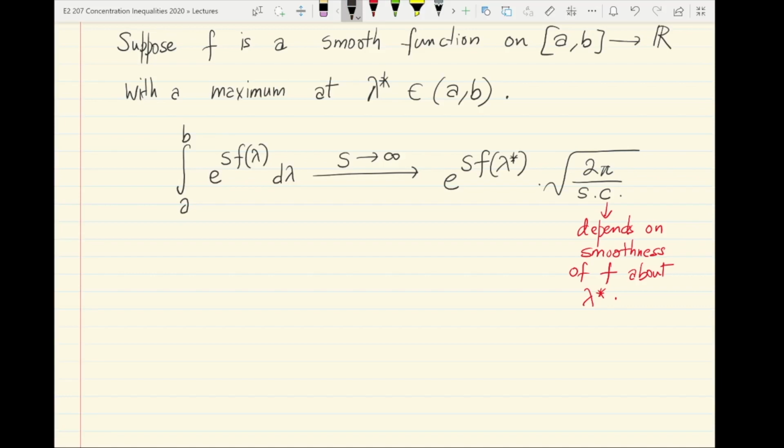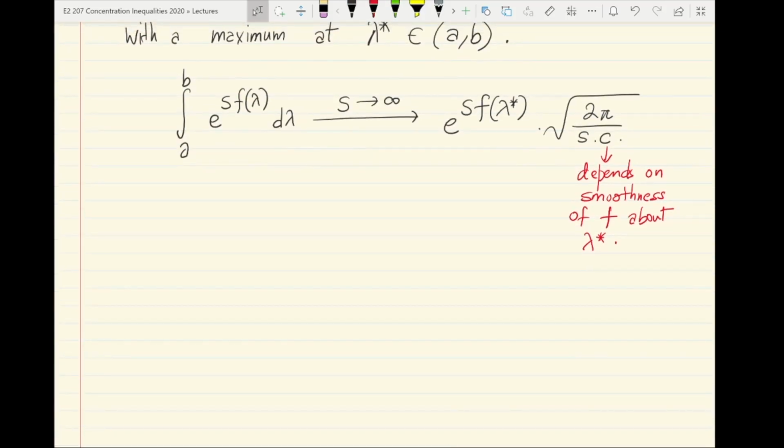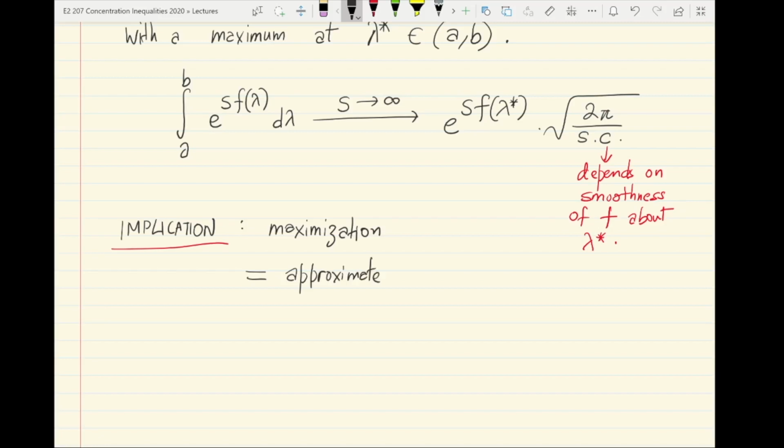Okay, so the key implication here is that maximization is roughly equal to approximate integration. Okay, so the integral is a convenient approximate way to find the maximum, in some sense.